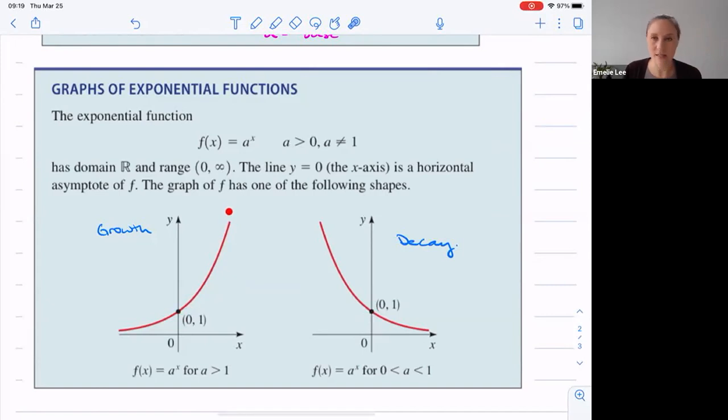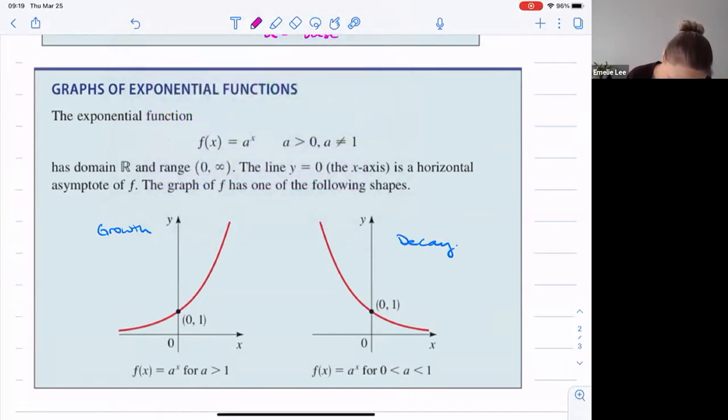And then for exponential growth, you're going to take off towards positive infinity, and that's for a larger than 1, right? So if your base is a number larger than 1, you're going to have growth. If your base is between 0 and 1, so maybe 1/2, then you're going to have decay, right?